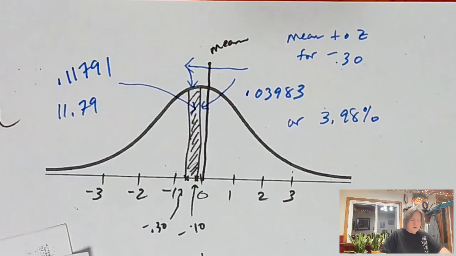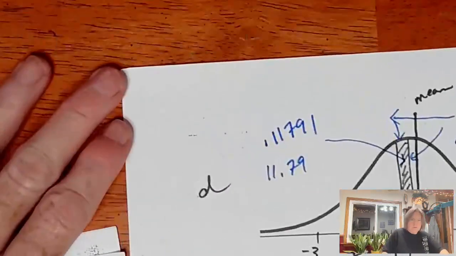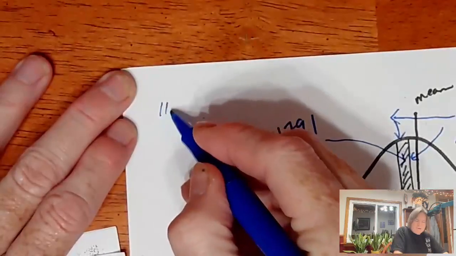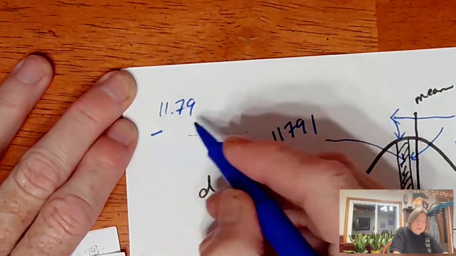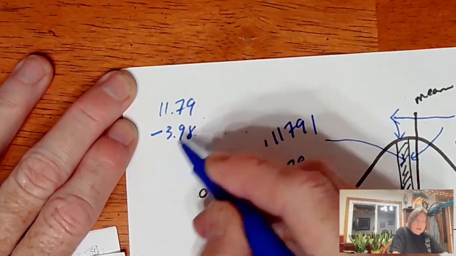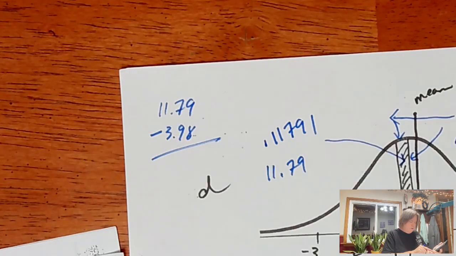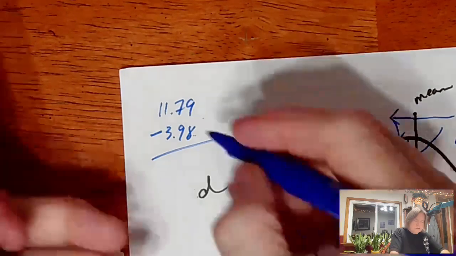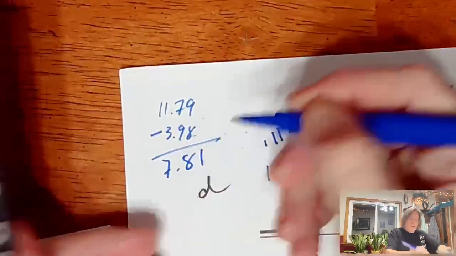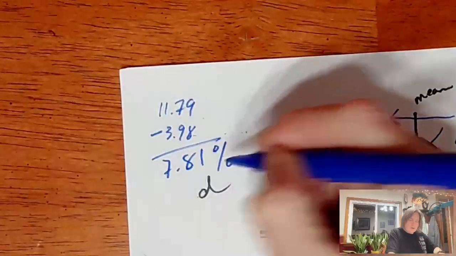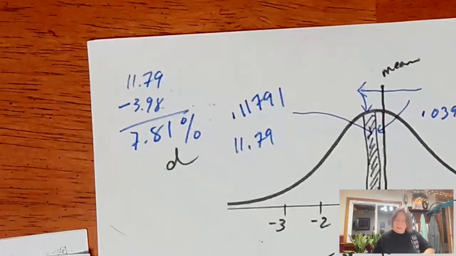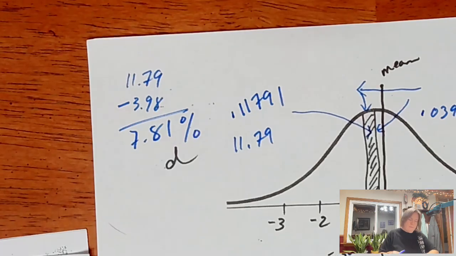So the answer to our question is 11.79 minus 3.98, which is 7.81%. So the answer to 3D is 7.81%.